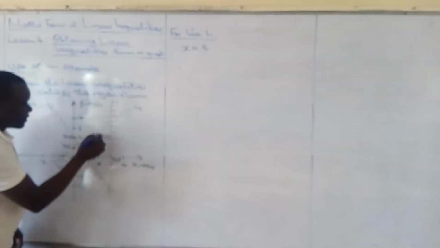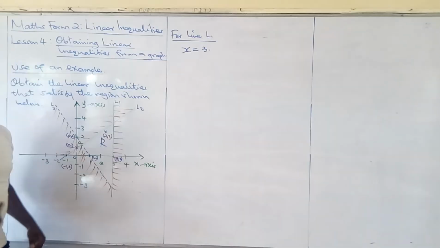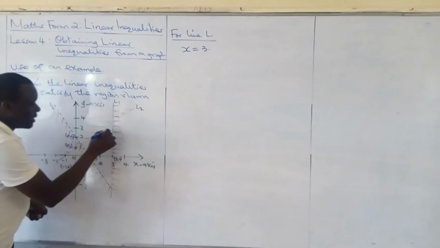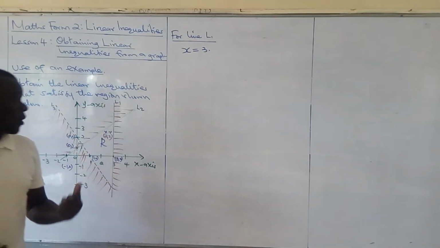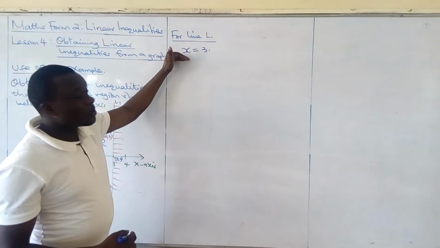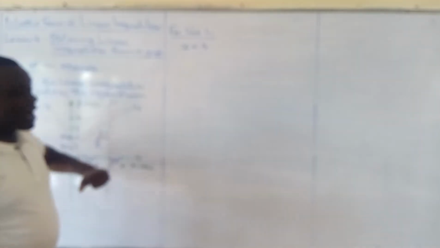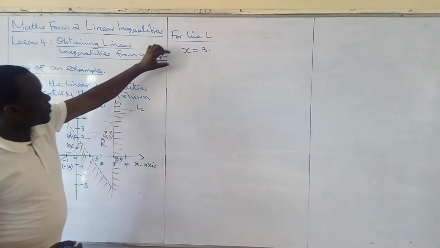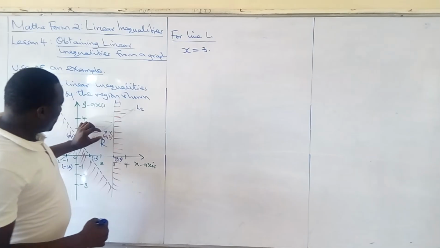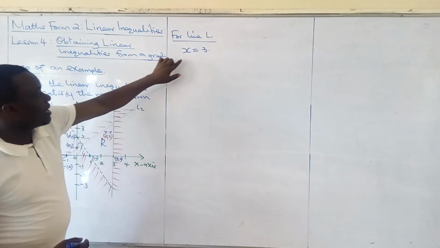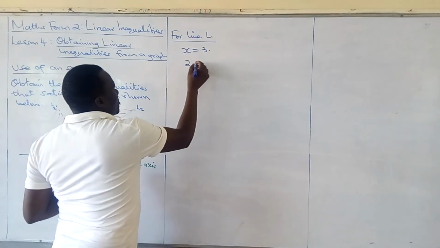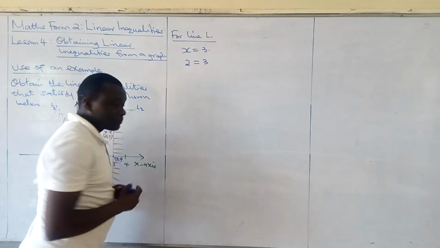From this point, the first 2 represents the x coordinate, the other 2 represents the y coordinate. In this equation we don't have y, we only have x. So if we put 2, the value of x, here, we will have 2 compared with 3.